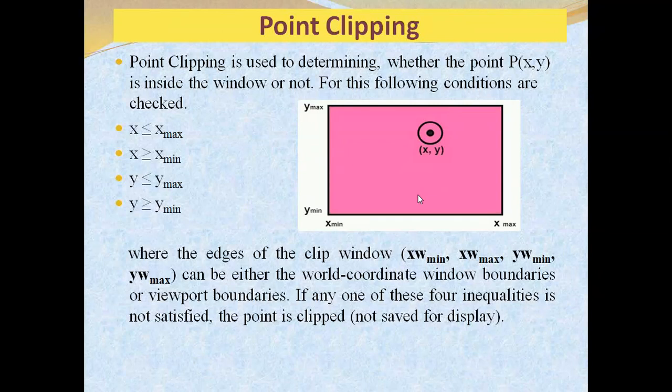So how can I determine which point is inside the clip window and which are not belonging to the window? There are 4 conditions.